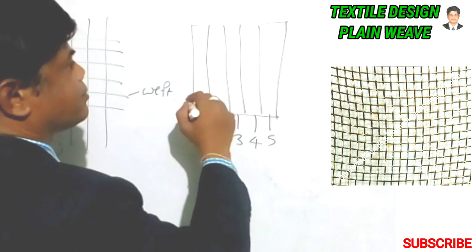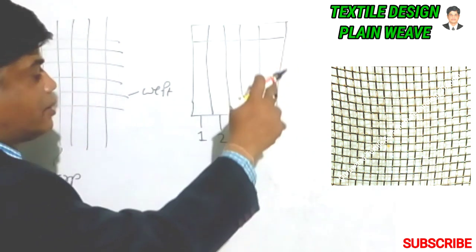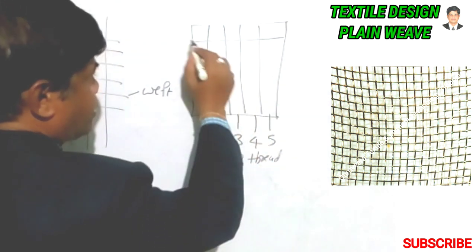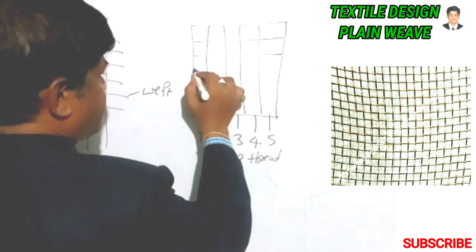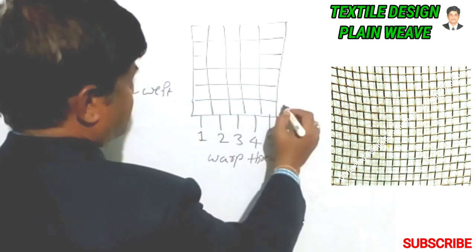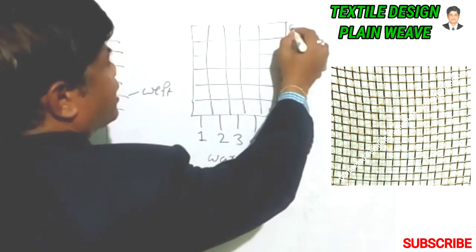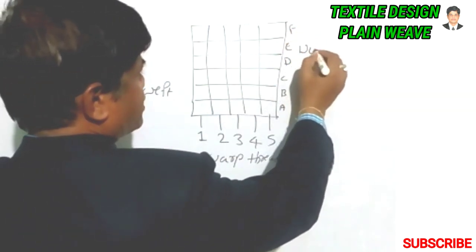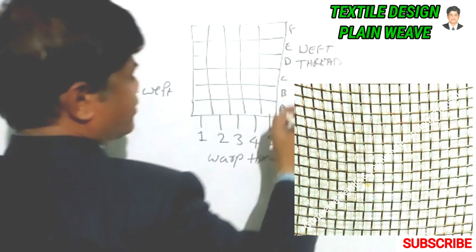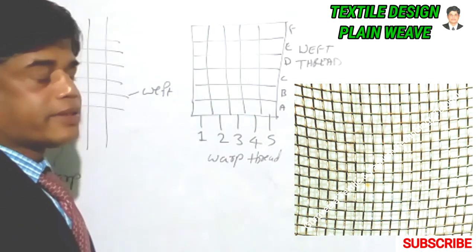These are all the warp threads. Now the weft: one weft thread, second, third, fourth, fifth, sixth, which are A, B, C, D, E, F. These are called weft threads, the horizontal threads, and these are the longitudinal threads.